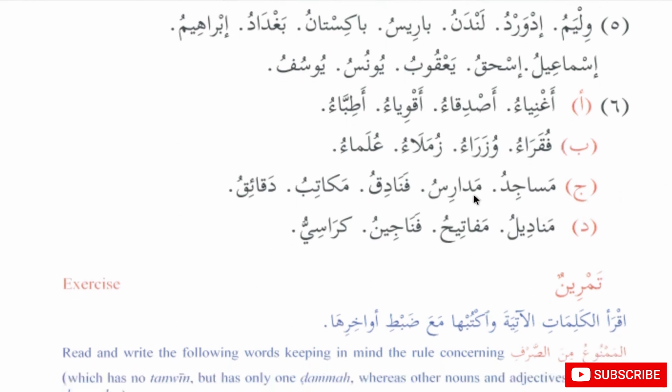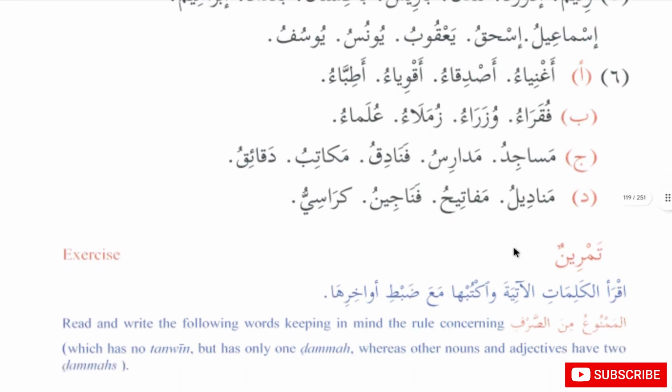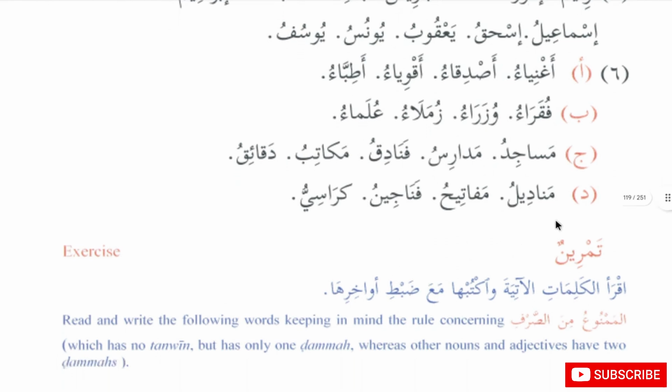Masajid, madaris, fanadiq, makatib, daqa'iq, which means minutes. So all plurals under this pattern, also under this pattern, and also under this pattern, fall under this whole list of words that are mamnun min as-sarf. Manadil, mafatih, fanajin, and karasi.